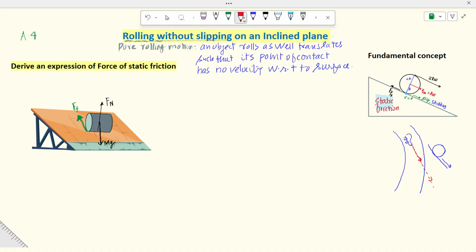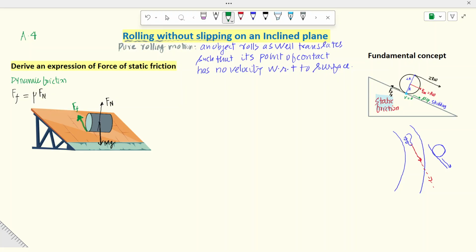Now, one mistake that students frequently make, kindly don't make it. Students put the equation that the force of friction must equal mu N, but it is not, because that applies in the case of dynamic friction. As I explained, this is not dynamic friction applied on the cylinder or any rotating object. This is static friction.